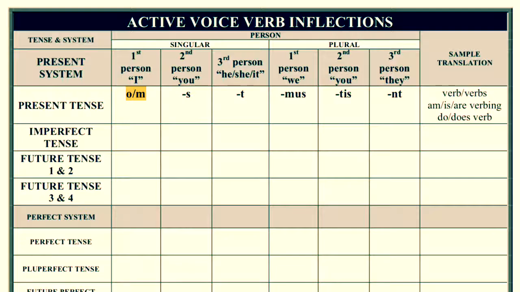When you see the letter S on the end of a verb, it means that the subject is you singular. So I would have to translate the verb as you do listen, or you are walking. When I see the letter T on the end of a verb, it means that the subject is he, she, or it.